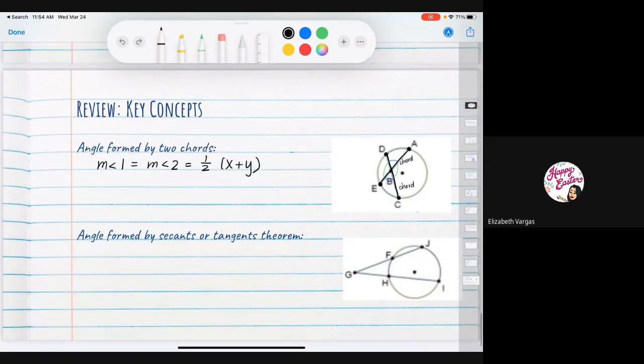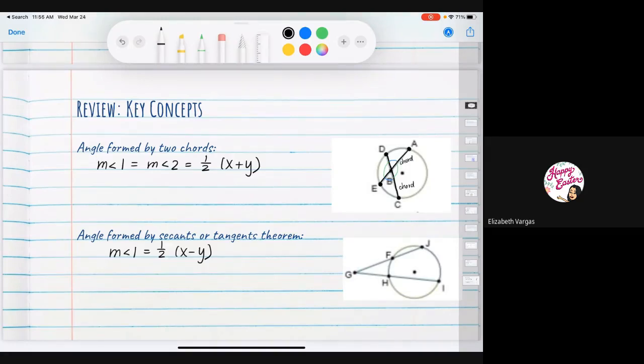We also have the angles formed by secants or tangents. And this equation is basically the measure of the angle is equal to 1/2 x minus y. So if we have two secants forming an angle, two tangents forming an angle, or a secant and a tangent forming an angle, we can use this relationship to solve for the missing angle measures.